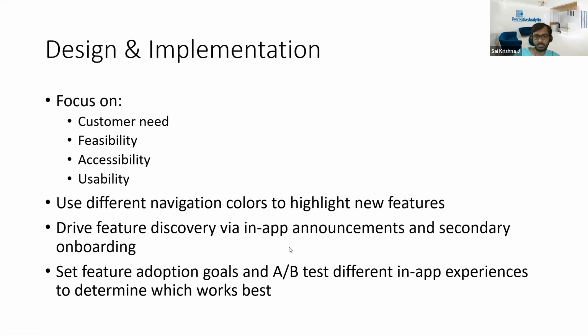Okay. And then next point is set feature adoption goals and A/B test different in-app experiences to determine which works best. Now, feature adoption goals is basically, let's say, for example, you take something like Facebook, right? So if a customer signs up on the Facebook platform, one goal could be something like, so see, the main feature of Facebook is the social networking feature, right?